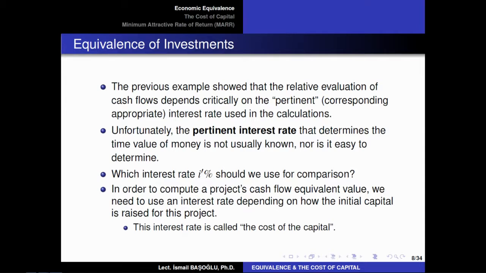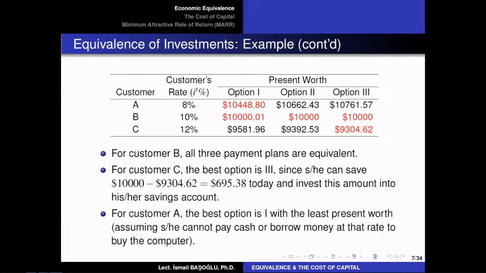Now, the pertinent interest rate, which determines the time value of money, is not usually known, or easy to determine. So, for example, as a customer, you are not just going to compare all these three options by looking at the interest rate that is applied in your savings accounts.